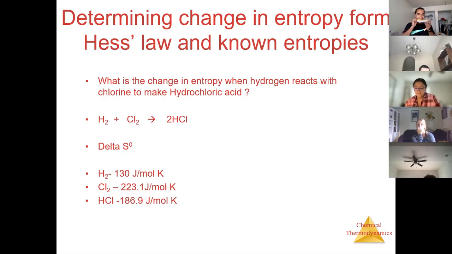To do this problem, I see the coefficient in front of my HCl and multiply my entropy by that coefficient. There are no other products, so that's the only thing on the product side. From this, I'm going to subtract. The coefficient in front of H2 is 1, so I subtract 130, and the coefficient in front of Cl2 is 1, so 1 times 223.